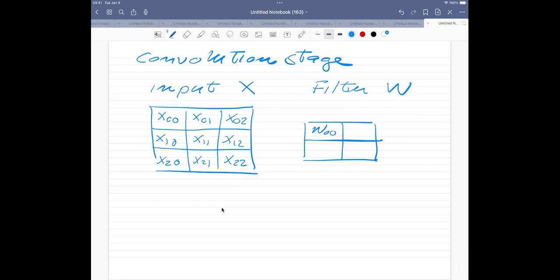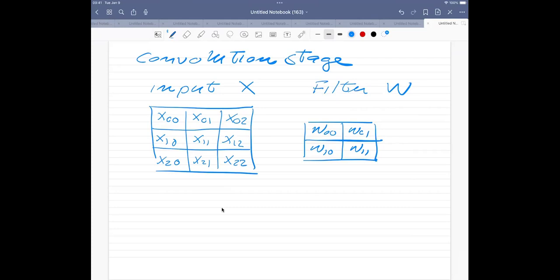So the W's which you see here become trainable parameters. So we have a W01 and W10 and W11. Now this is going to give us a 2x2 object. And you will see how this actually takes place. So mathematically, we are coming back to the definition of convolution.